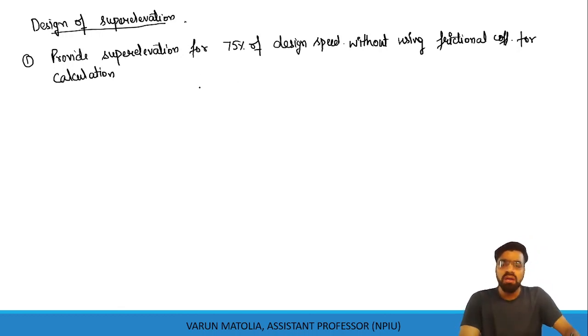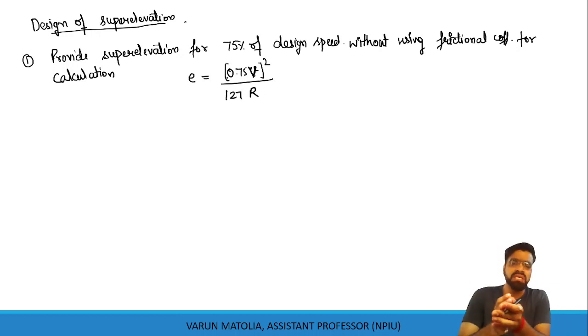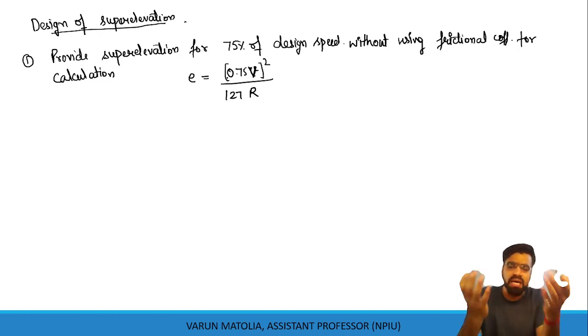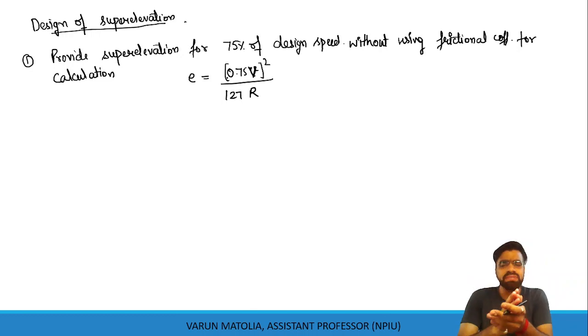So this equation of super elevation can be written as E equals 0.75 times this velocity whatever we are using. Let us call it capital V square divided by, the formula was 127 R. You can write it as GR with the velocity component in meter per second, but let's find the final formula directly.